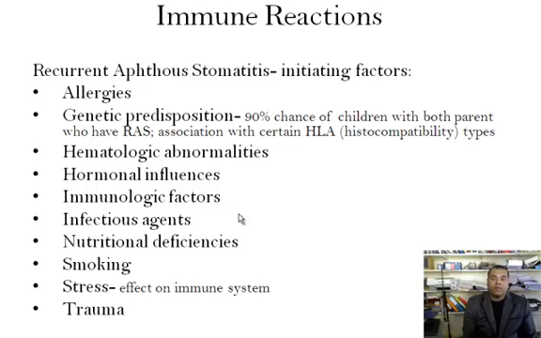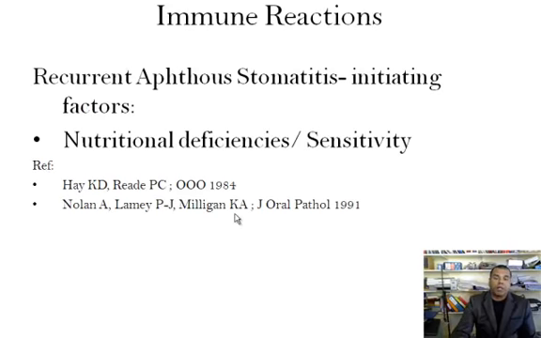Recurrent aphthous stomatitis initiating factors may be allergies, a genetic predisposition, with a 9% chance that children of both parents who have RAS may also get RAS, hematologic abnormalities, hormonal influences, immunological factors, infective agents, nutritional deficiencies, smoking, which incidentally seems to have a protective effect against RAS, and stress with its effect on reducing the immunity, and trauma.